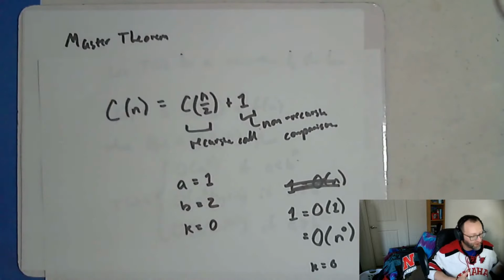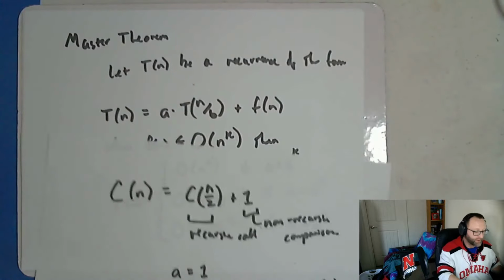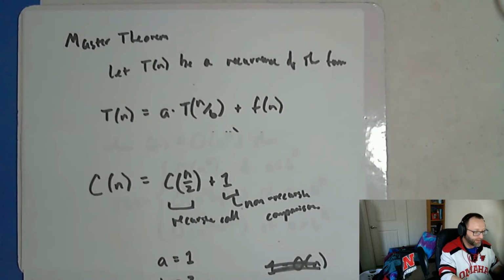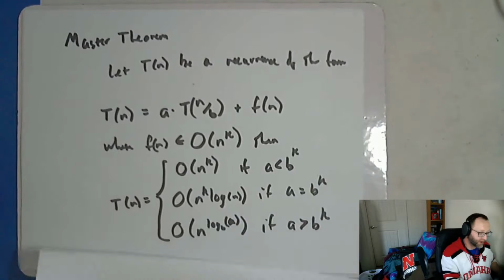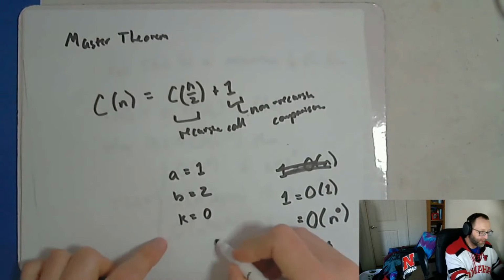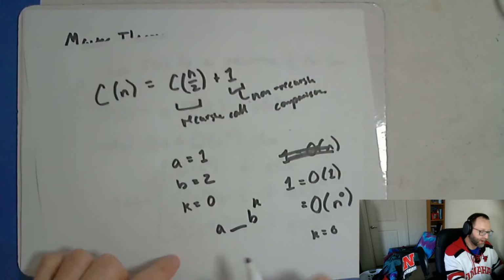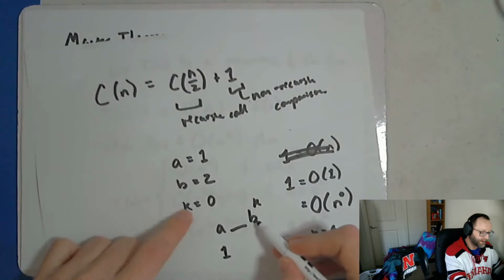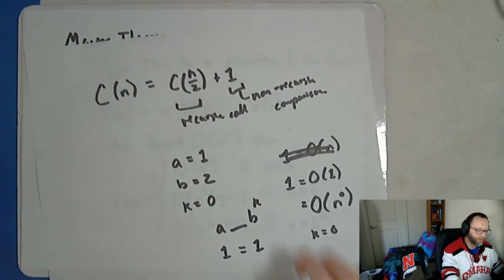Once you've set up a recursion, and that recursion conforms to this form, then all you need to do is identify A, B, and K, and plug and chug. So what is the relation between A and B to the K? Well, A is 1, and B to the K, well, that's going to be 1. So these two things are equal.